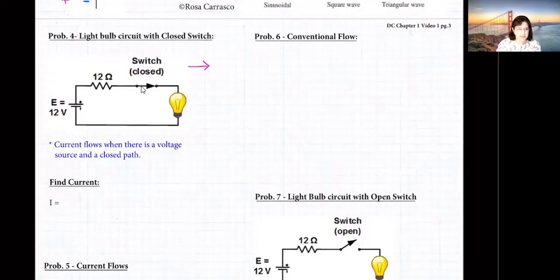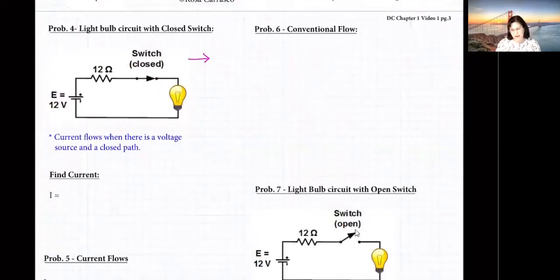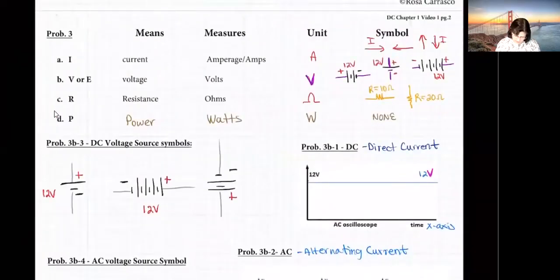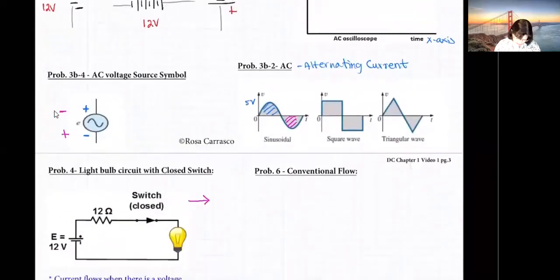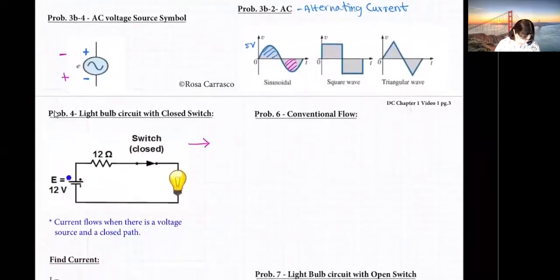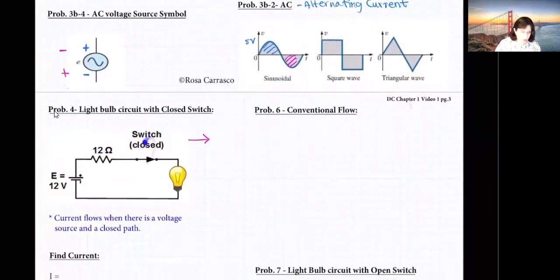In this case, it is considered a closed switch. Over here, when it's open like this, halfway up like that, it's called an open switch, okay? So here we added all these different symbols that we learned. We have the battery, the resistor, and we put in a closed switch and a lamp.